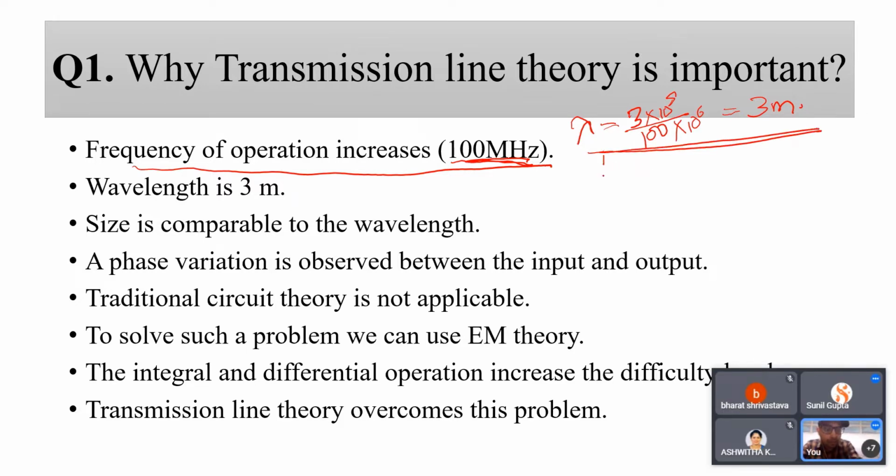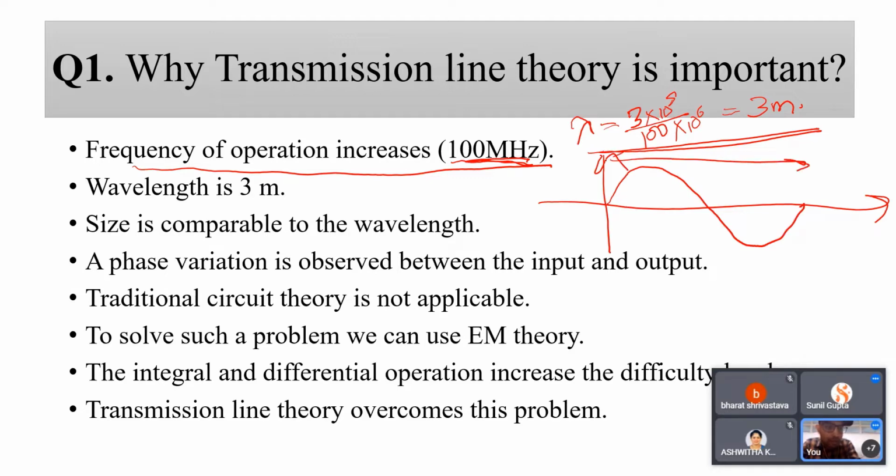Let us say this is the sinusoidal wave corresponding to the 3 meter wavelength. Here the size of the circuit will be comparable to this wavelength, so you will see a phase difference between the input and the output.